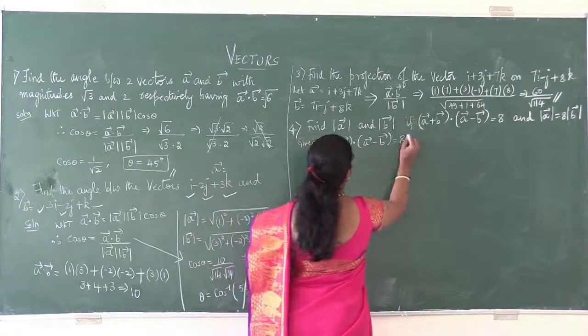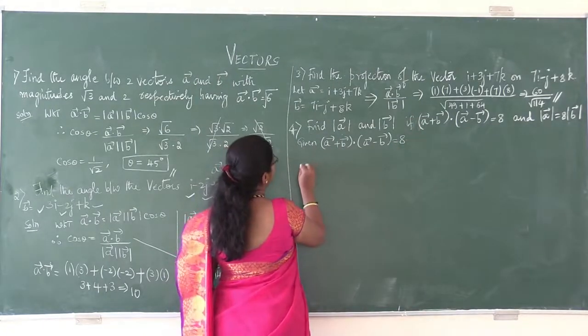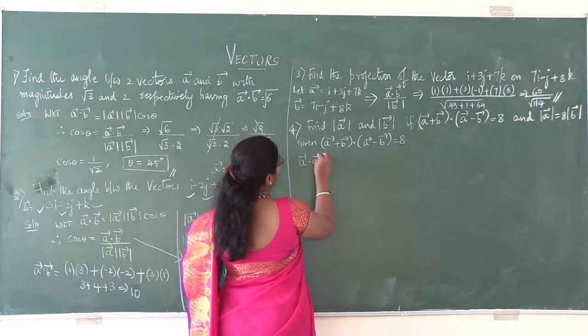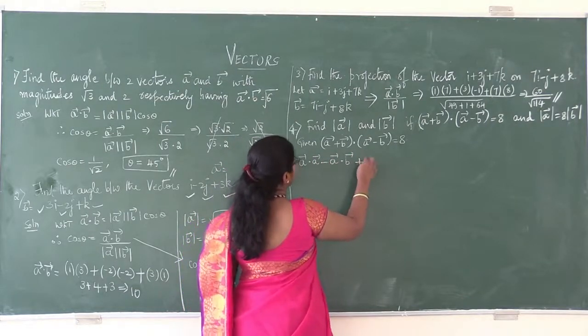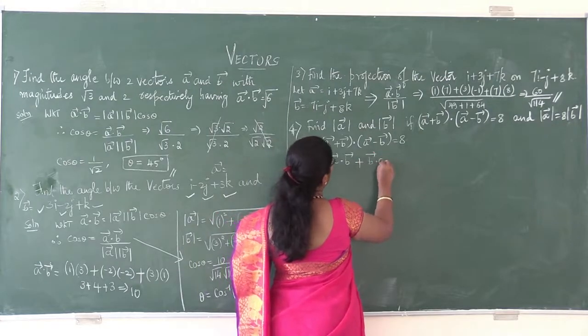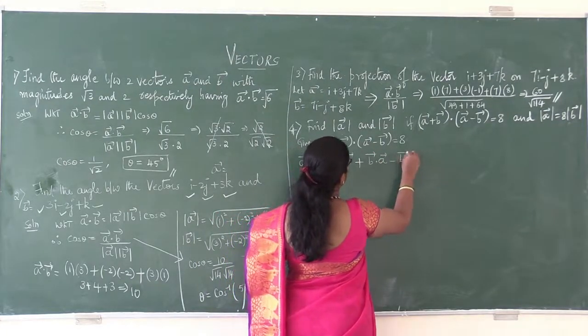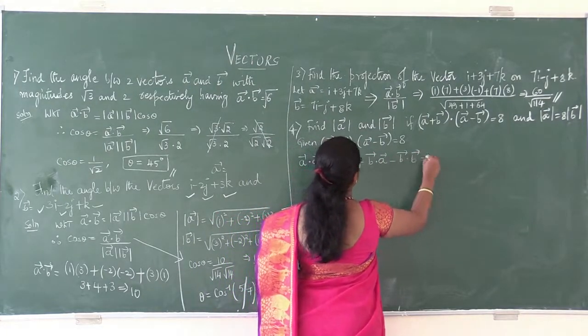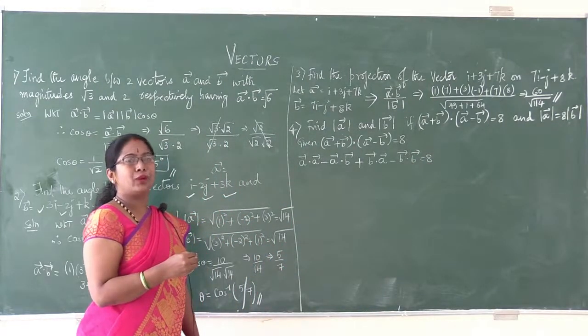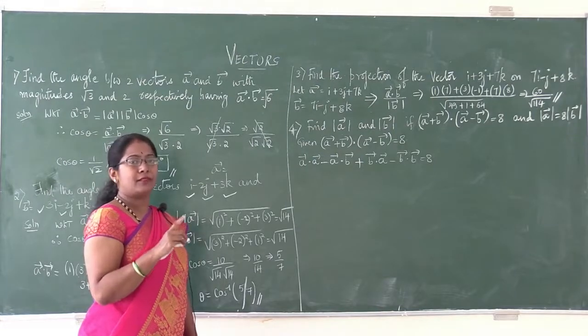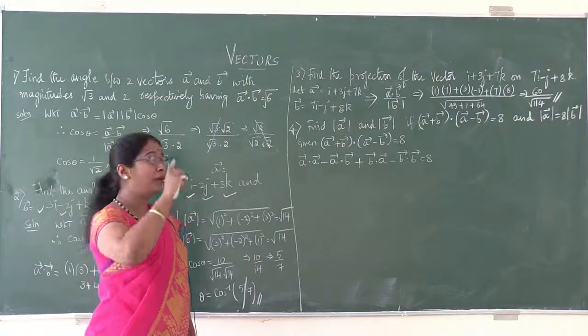How do you find the dot product of two vectors? This can be written as A dot A minus A dot B plus B dot A minus B dot B, equal to 8. What is A dot A? According to the property of dot product, the square of any vector is equal to the square of its own modulus.